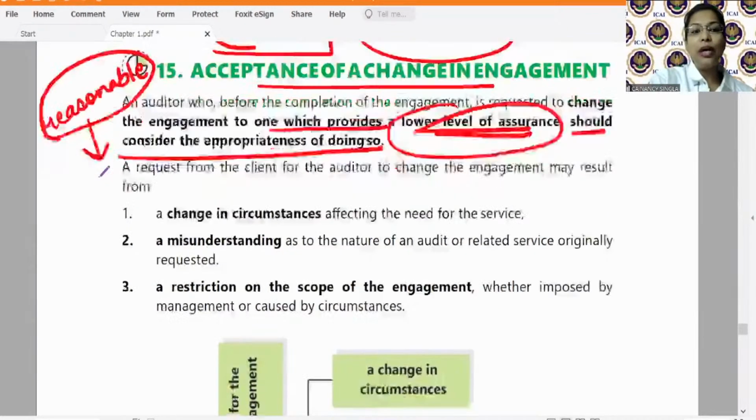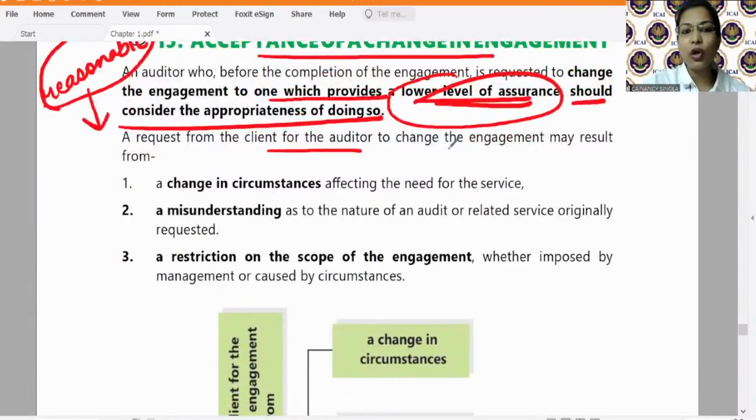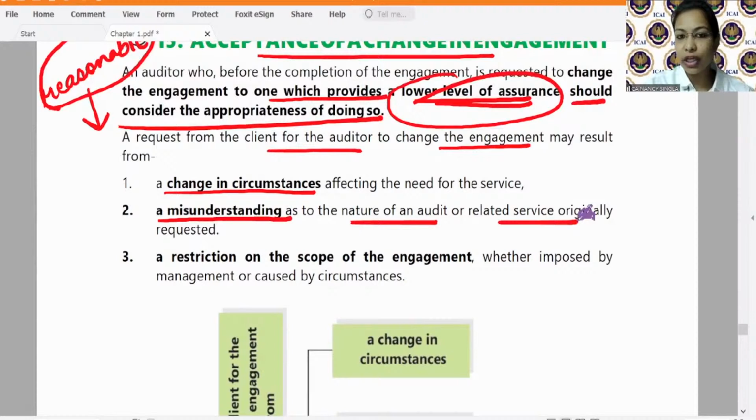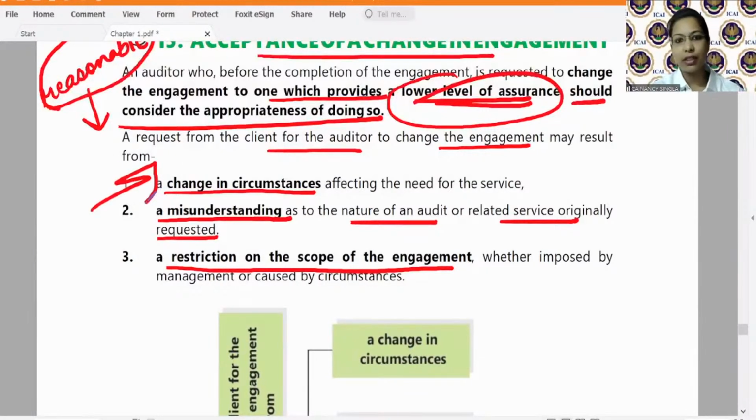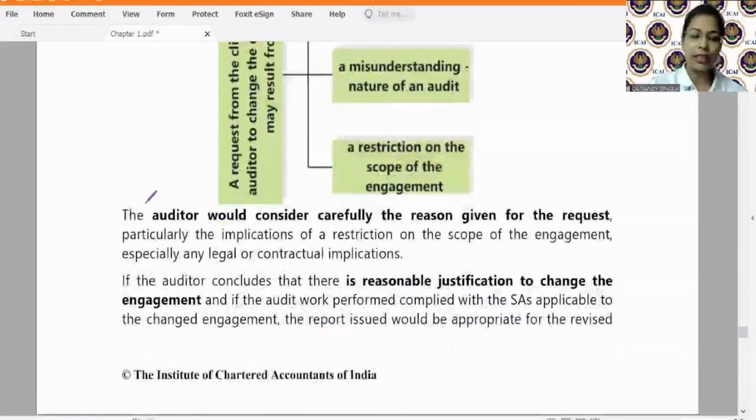ठीक है. Now a request from the client for the auditor to change the engagement may result from a change in circumstances, a misunderstanding as to nature of audit or related services originally requested, या restriction on the scope of the engagement कि अब आप inventory नहीं कर सकते हो, या यहाँ पर data available नहीं है आप originals. ठीक है. Now यहाँ पर क्या देखना है?